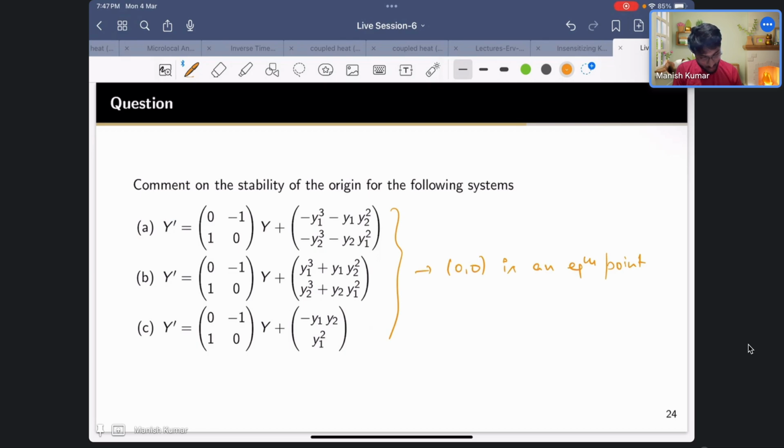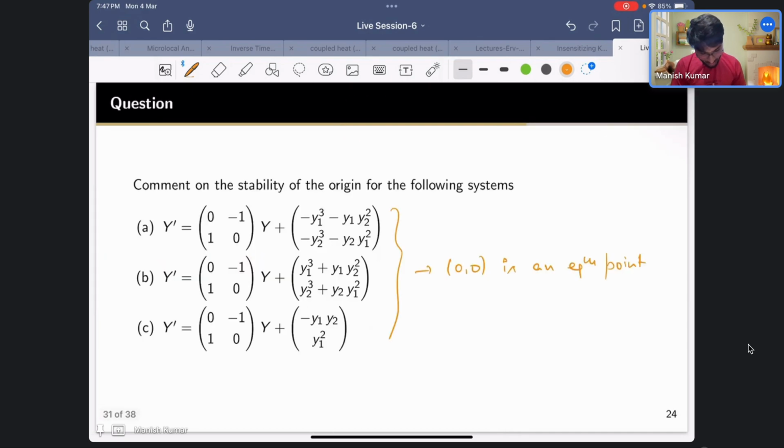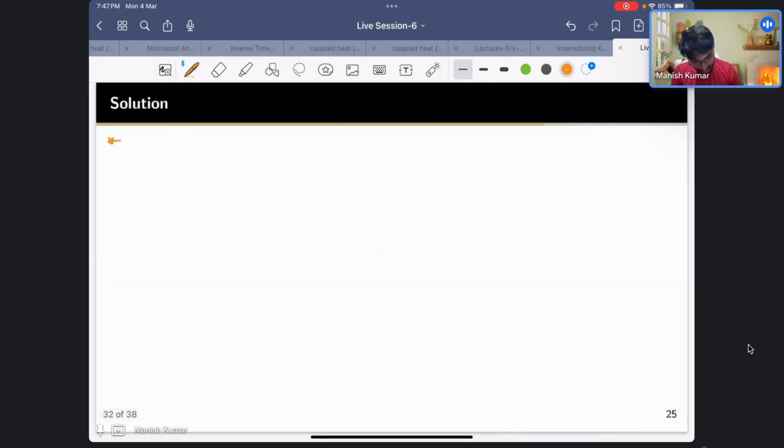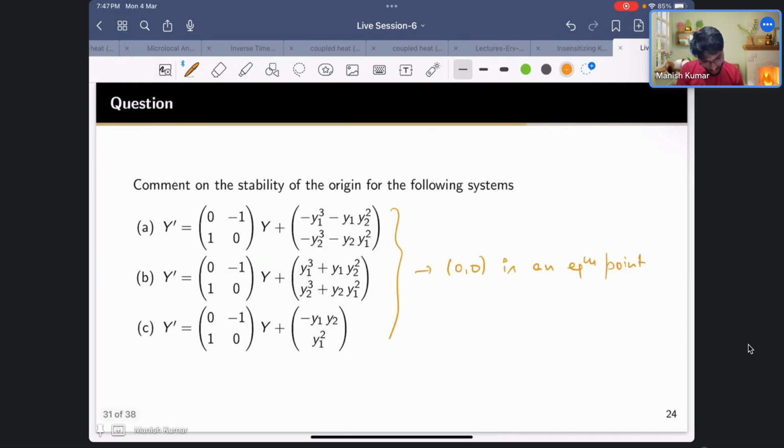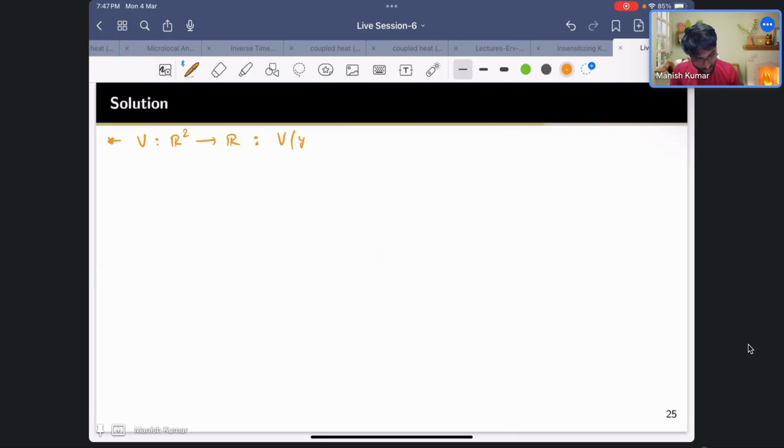Let me begin with the general thing, then we'll come to each particular problem. Let me first define V as a function from R2 to R, given by V(y1, y2) = y1 squared plus y2 squared. This is the functional I am considering.